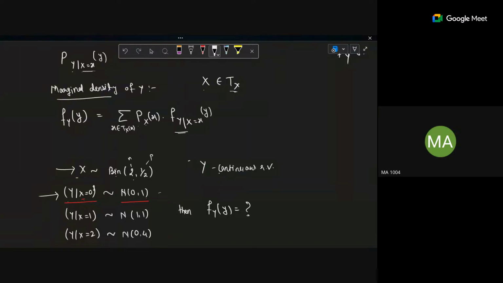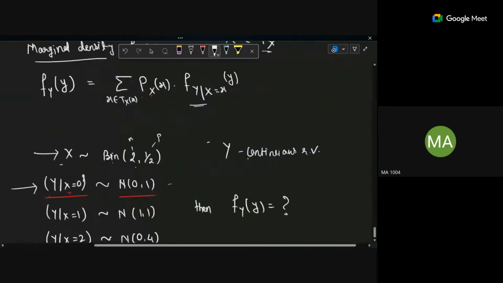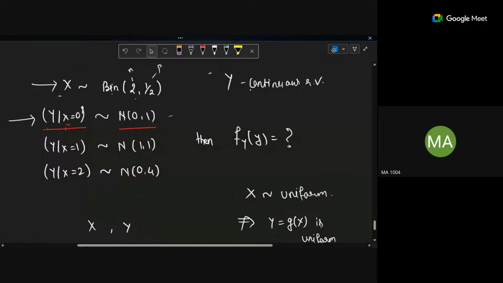Accordingly, we calculate some things and come up with the final result that it follows a normal distribution with mean 0 and variance 1. Actually, finding this kind of distribution for conditional variables is something we learn in next to next week. That is somewhat complicated.